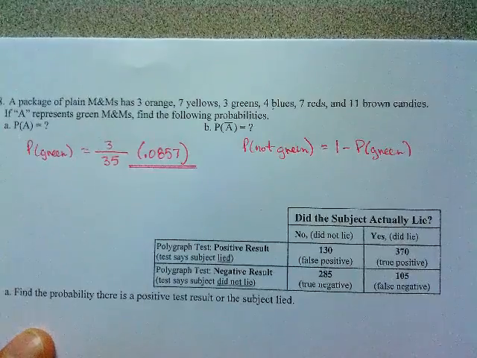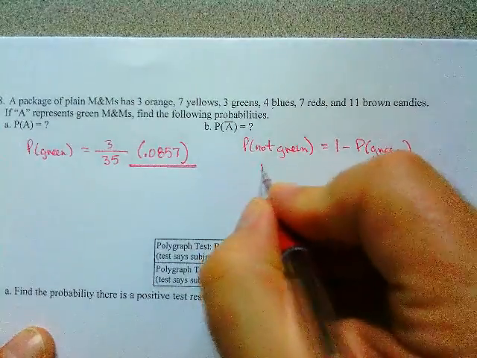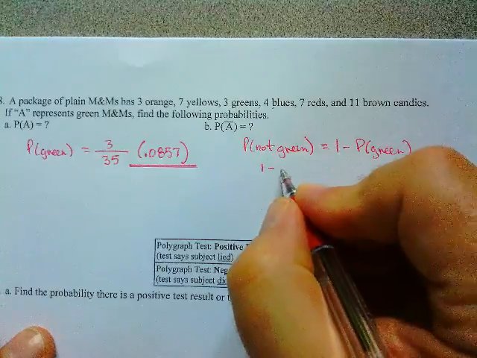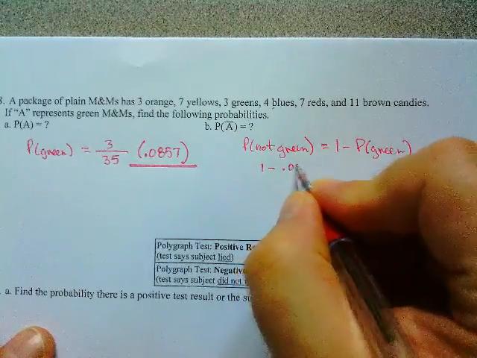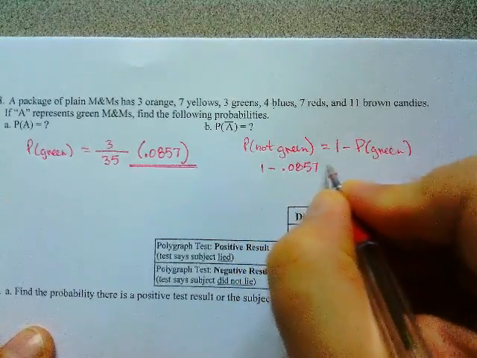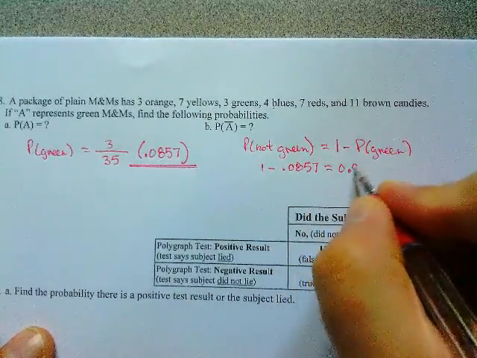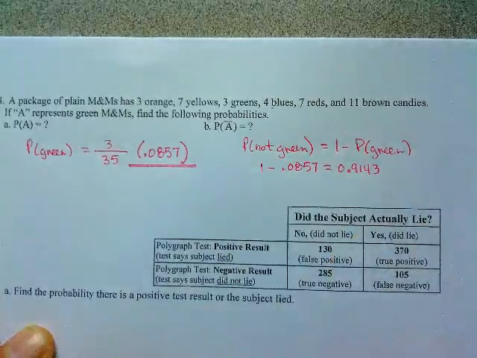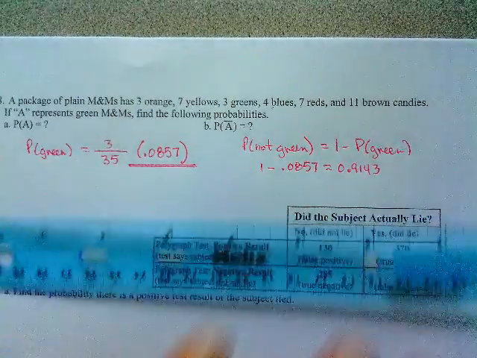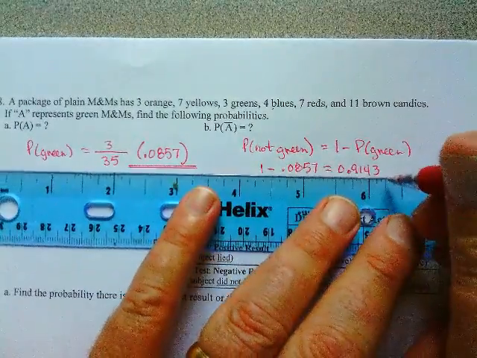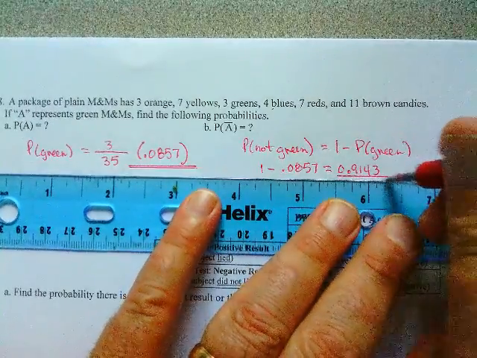That's what the not is for. And so we would have 1 minus 0.0857, and that's going to be 0.9143. And so there's our answer for not picking a green one, over 91%.